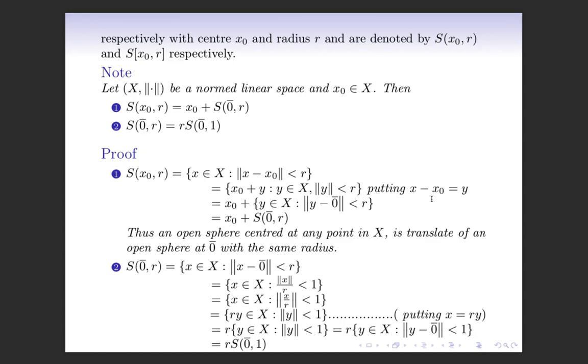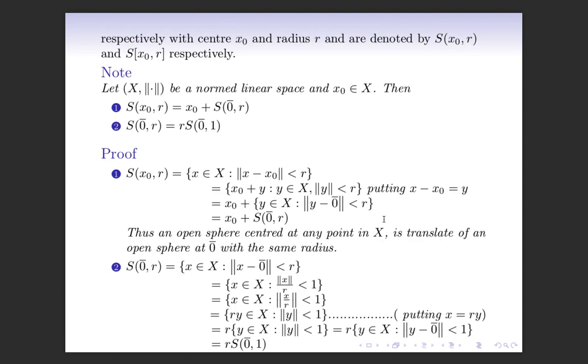If we denote x minus x naught by y, then here we can write the set of all elements x naught plus y, where y belongs to capital X and norm of y is strictly less than r. Since we are adding x naught to each vector of X with norm of y less than r, we can write x naught plus the set of all those y's in X for which norm of y minus 0 vector is strictly less than r.